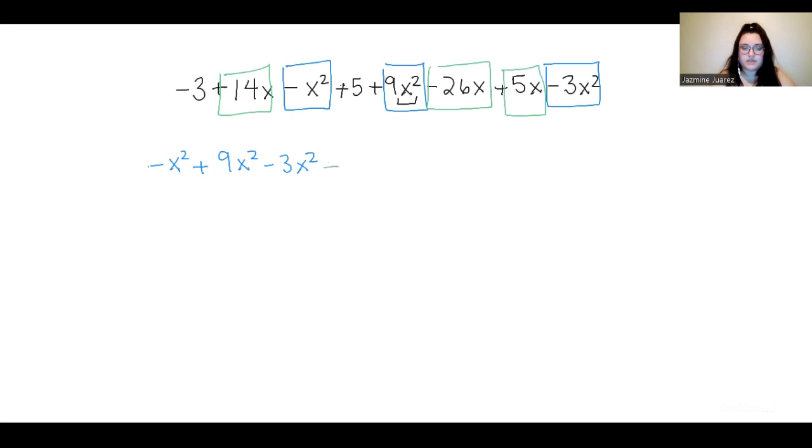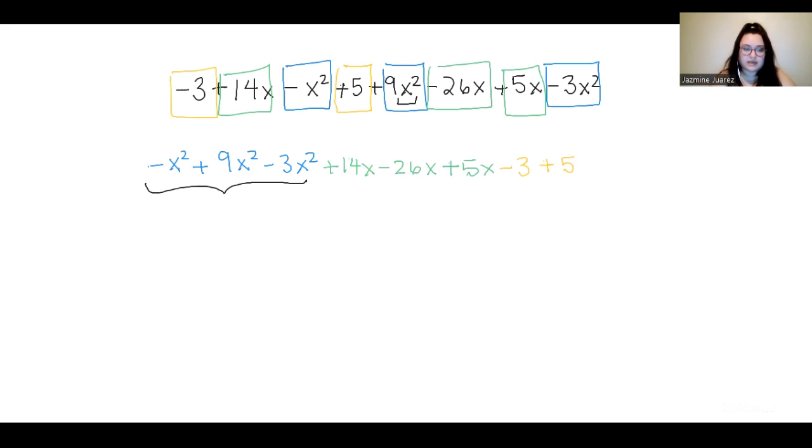So plus 14x minus 26x plus 5x. And then my units. I have a minus 3 and a positive 5.